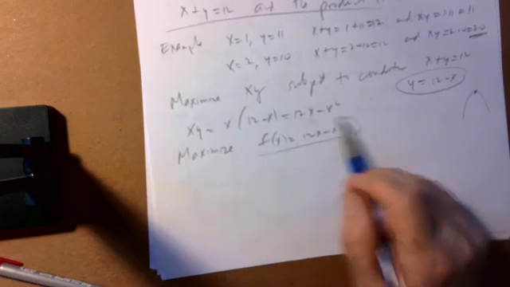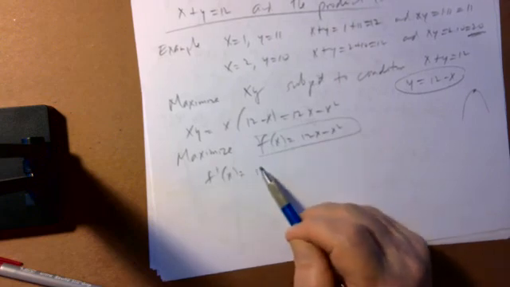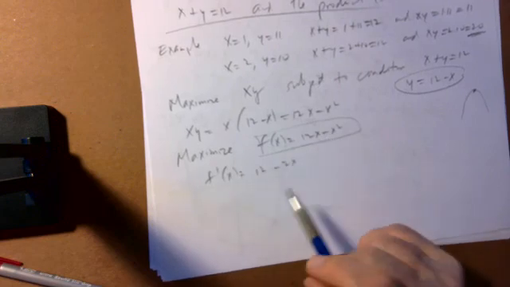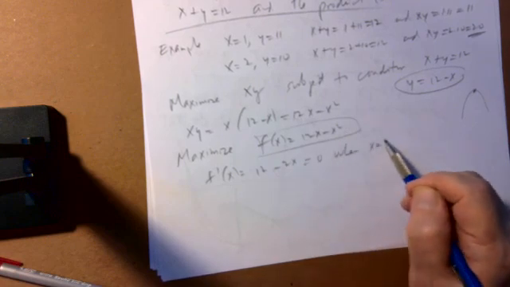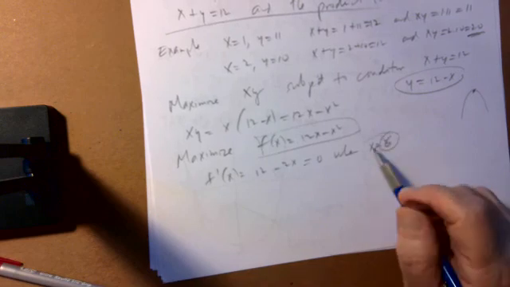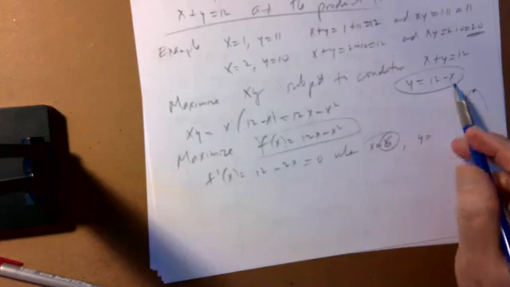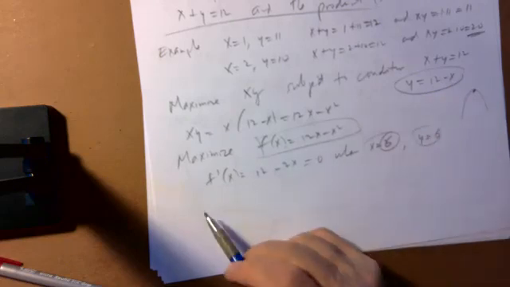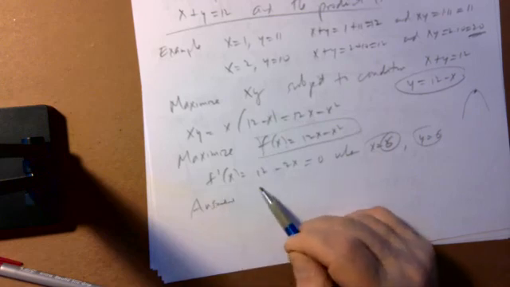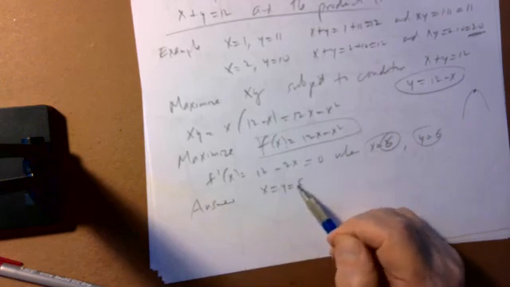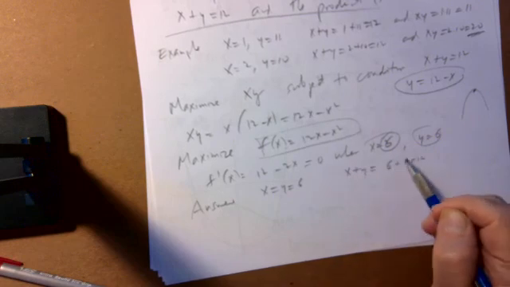So if this is f of x, f prime of x is 12 minus 2x, and that's equal to 0 when x is equal to 6. And when x is equal to 6, 12 minus 6 is 6. Y is equal to 6. So the answer is x equals y equals 6. Because x plus y is 6 plus 6 is 12.